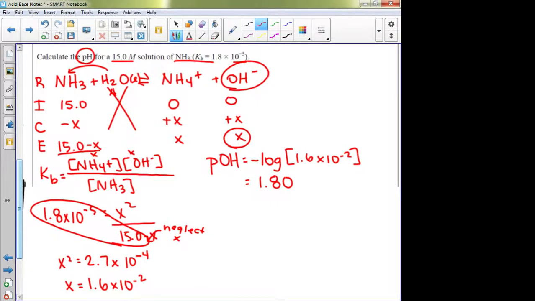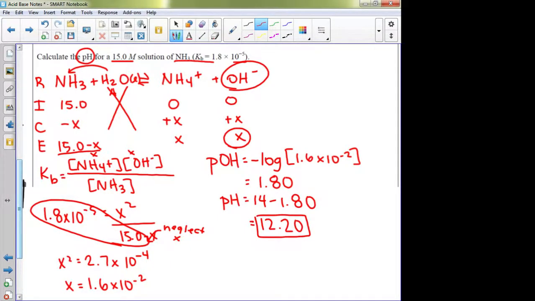So now can I find my pH? Yes. What do I do? You subtract 14 minus 1.8. 14 minus 1.8, and that will give me 12.2. 12.20.